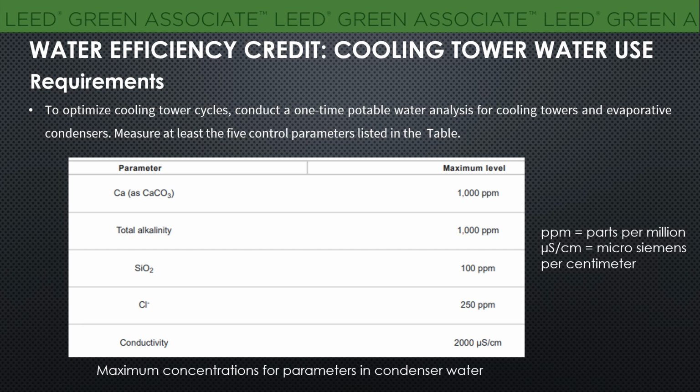Parameters include calcium carbonate, total alkalinity, chlorine, conductivity, etc. Basically, we need to calculate the number of cooling tower cycle by dividing the maximum allowed concentration of each parameter by the actual concentration level of each parameter found in the table in the potable makeup water. Limit cooling tower cycle to avoid exceeding maximum values for any of these parameters.